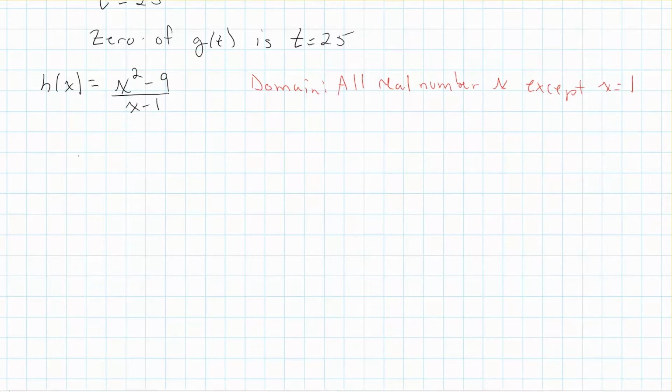I'm going to set h at x equal to 0. So I have 0 is equal to x squared minus 9 over x minus 1. Now, just like I would solve these kinds of equations before, I want to clear out the denominator. So I'm going to multiply both sides by x minus 1.